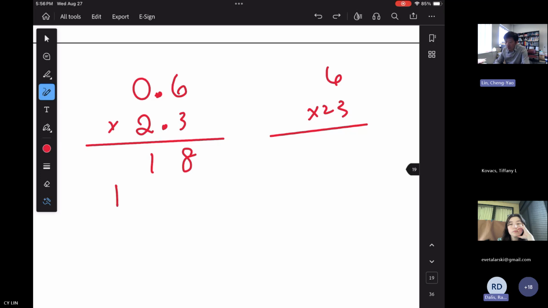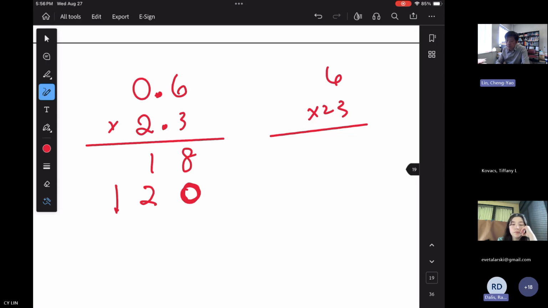Therefore, we have 120. The research says that if a teacher focuses on the placeholder 0, it will help children better understand this concept because of place value. So 20 times 6 is 120. That's why we move one place value. Does that make sense?